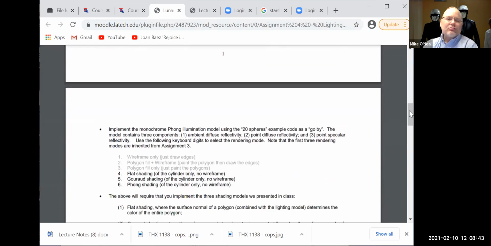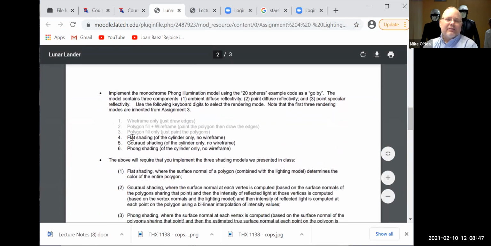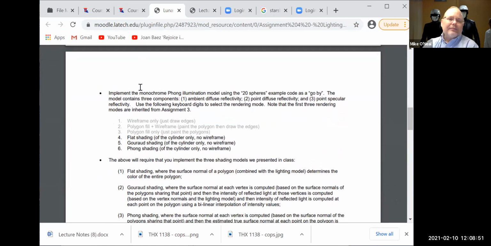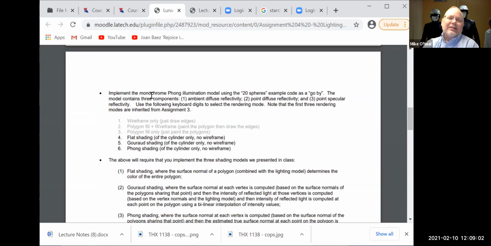What do you need to actually do? Well, it's pretty obvious what you need to do. You need to implement flat shading, Gouraud shading, and Phong shading. Basically implement the monochrome Phong illumination. Actually, this is fun.